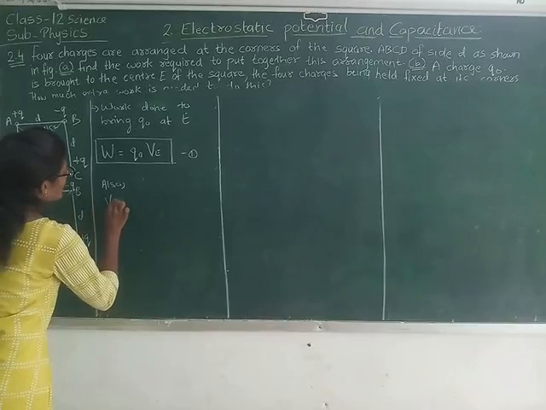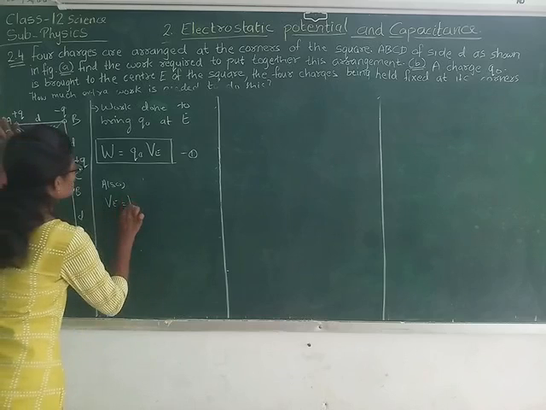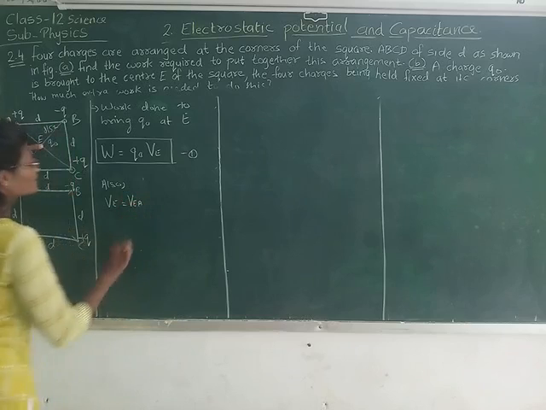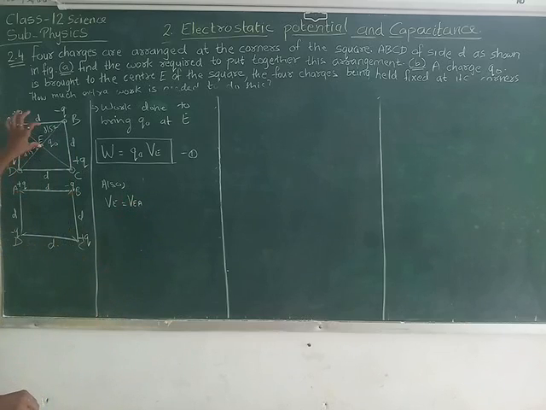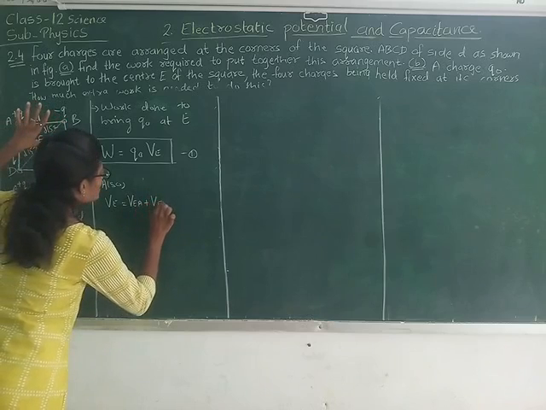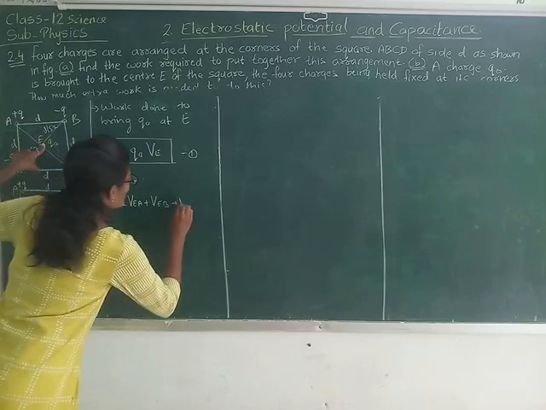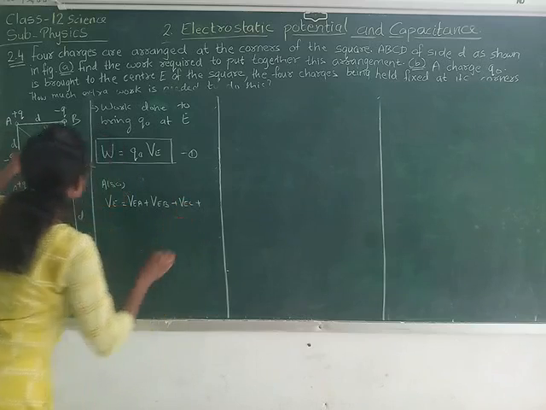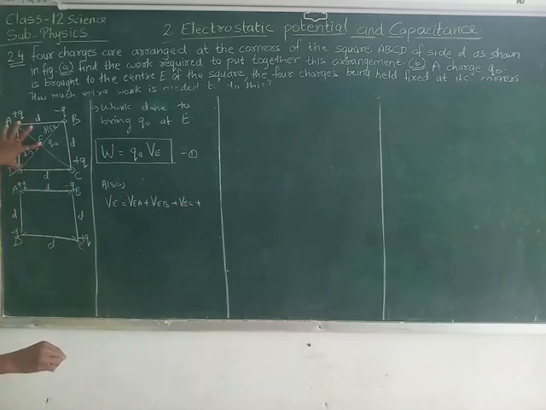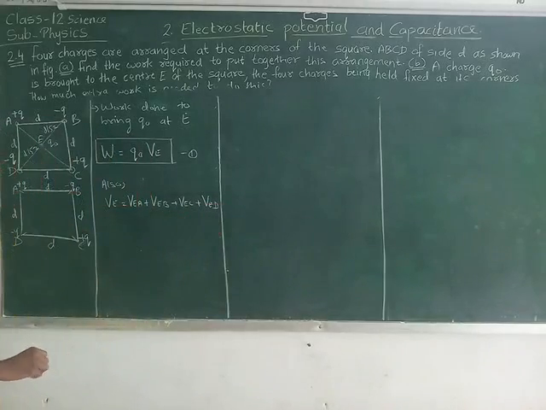Here potential at E, that will be what? Here we are having four charges already at the corners of the square. So potential at E due to the charge at A, that is VEA, plus potential at E due to charge at B, that is VEB, plus potential at E due to charge at C, VEC, plus potential at E due to charge at D, that is VED.